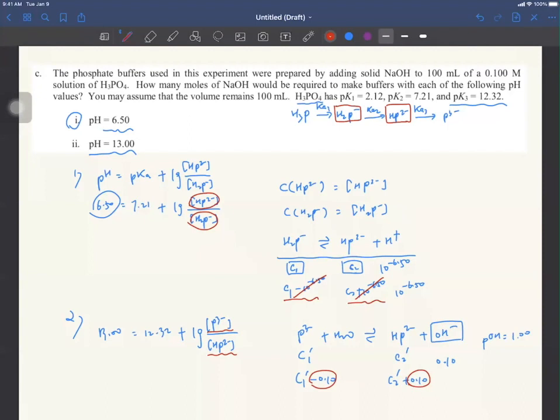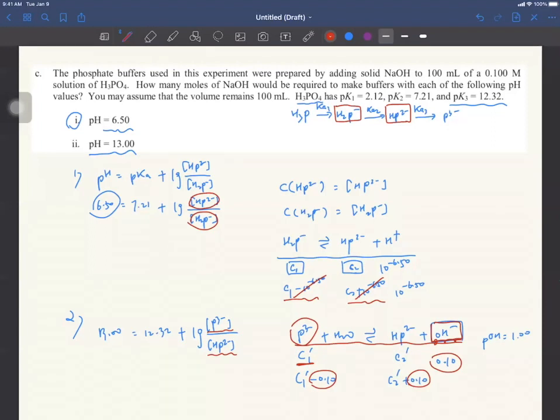This is why, in order to get such a large hydroxide concentration, we need to add some extra hydroxide. We cannot fully rely on the hydrolysis of the PO4 3 minus, because if you finish the calculation, you will realize that even if all of the PO4 3 minus completely hydrolyzed, it is still not enough to produce 0.10 mole per liter hydroxide.